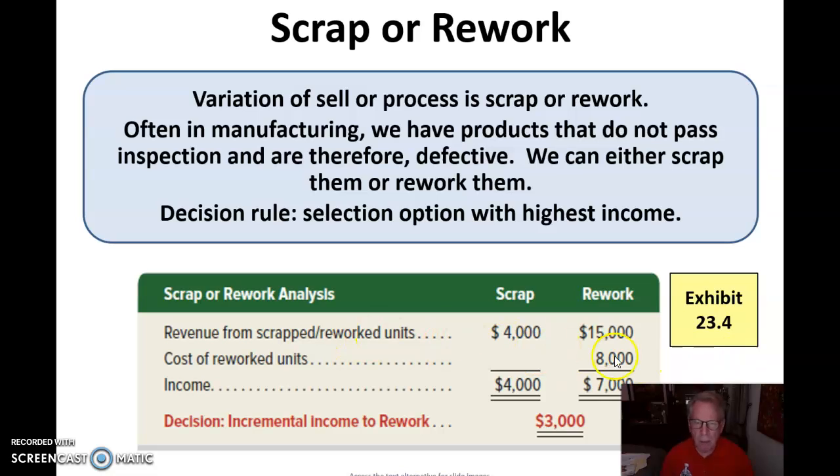So in this example, we have revenue from the scrapped units. We can sell it as is, basically, for $4,000, or rework it and generate $15,000 of revenue, but it costs us $8,000 to do that. But we make $7,000 in income. So clearly the incremental income is $3,000 that we would make from reworking that product.